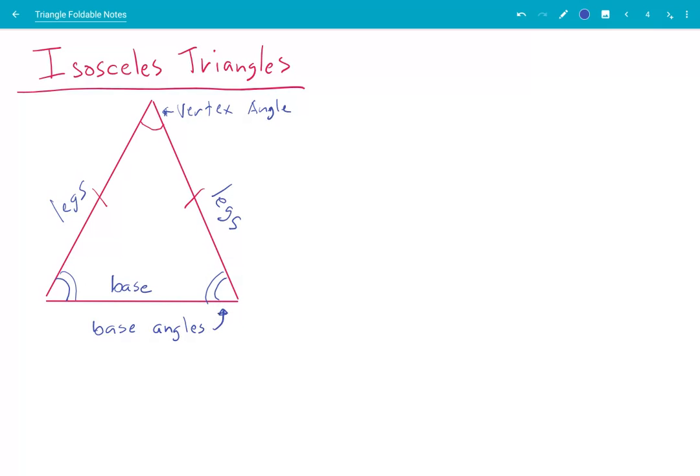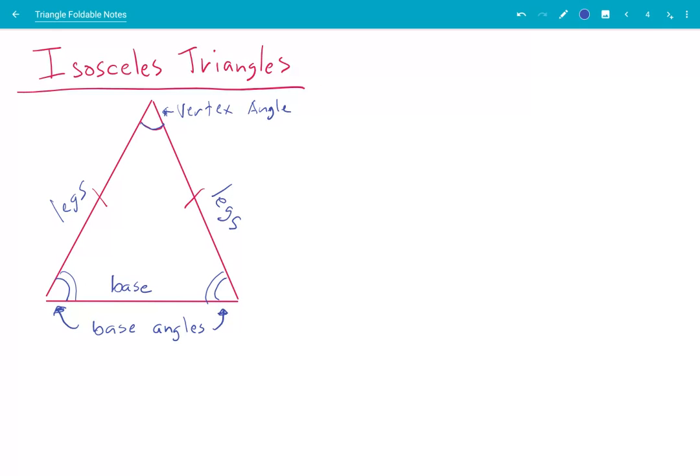These guys right here, they are congruent, as we've marked them. So we got the vertex angle, legs, base angles, and those are the parts of an isosceles triangle.